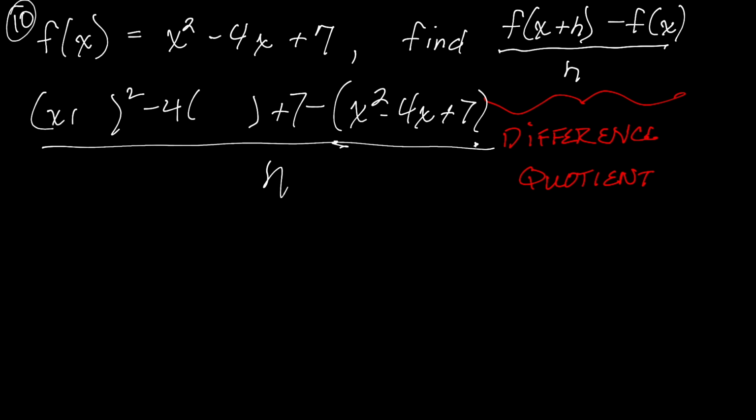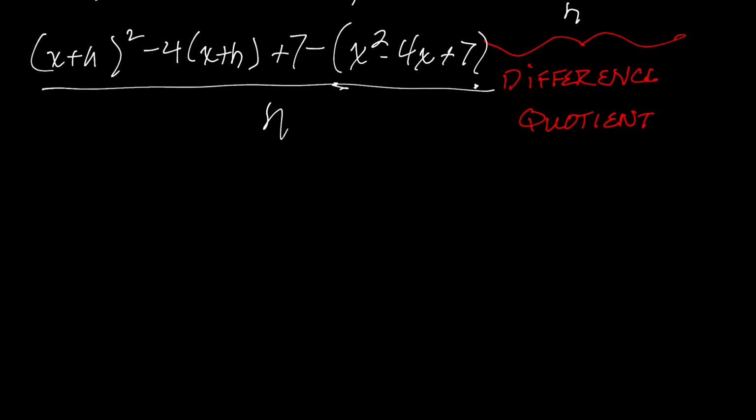So I have x plus h and x plus h. We have to just simplify here. So x plus h is a binomial, so you have to FOIL it out naturally. That becomes x squared plus 2xh plus h squared.